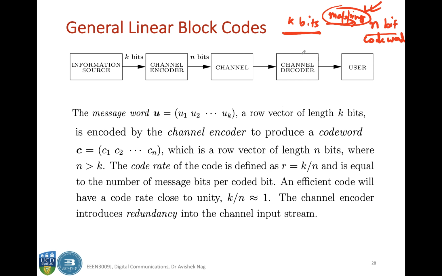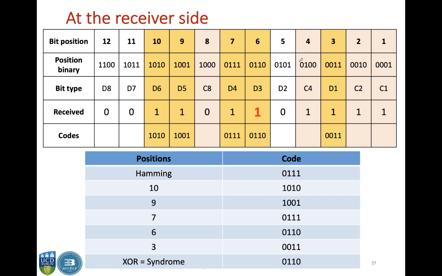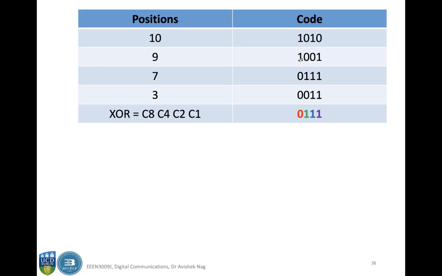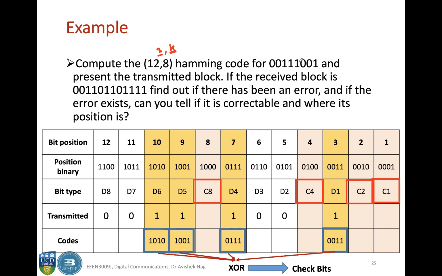So that's what we are trying to do, and see how that could be done. In the previous class, in the example that we were doing, we were following some rules to find the n bit code word. For example, we would generate the check bits according to some rules.